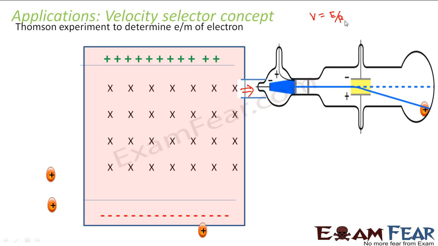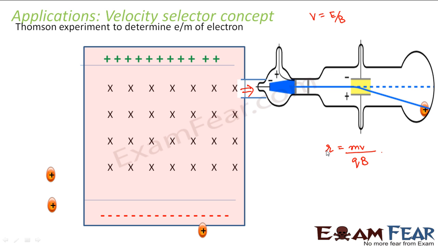Now what he wanted to calculate was e by m, that is the charge by mass ratio of electrons. So how did he calculate that? I already told you about the expression for the radius of the helix. What was the expression for the radius of the helix? It was nothing but mv divided by qB, right?